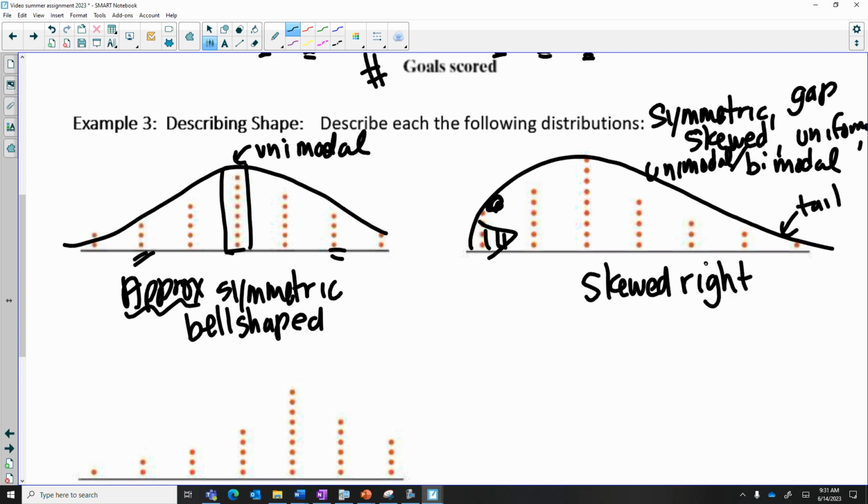And basically most of the observations are on the left, but there's a few that are rarer that are on the right. And the concept of being skewed is that the average or the mean is being pulled in the direction of the skew. So this is skewed right because the mean will get pulled up by those rare observations on the right. Wherever the tail is, that is the direction of the skew.